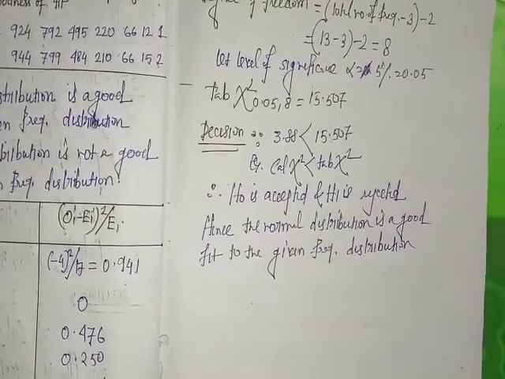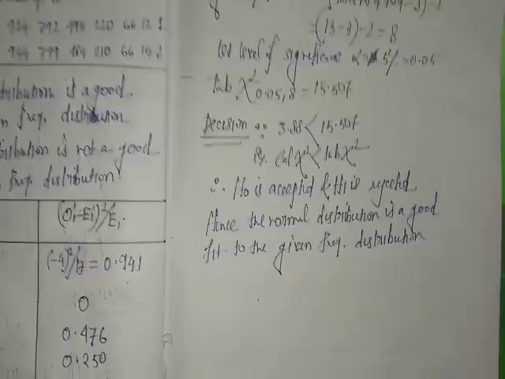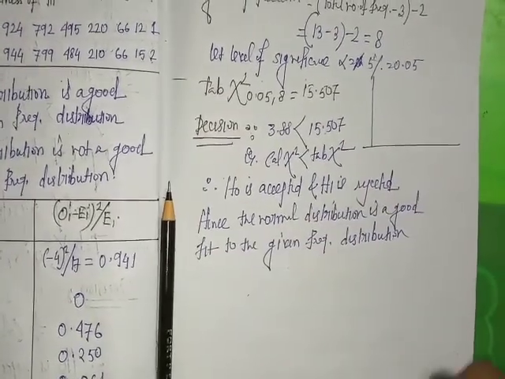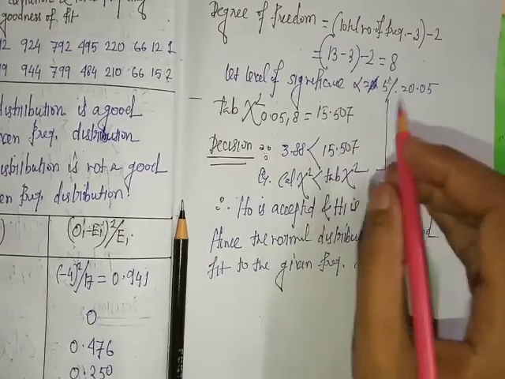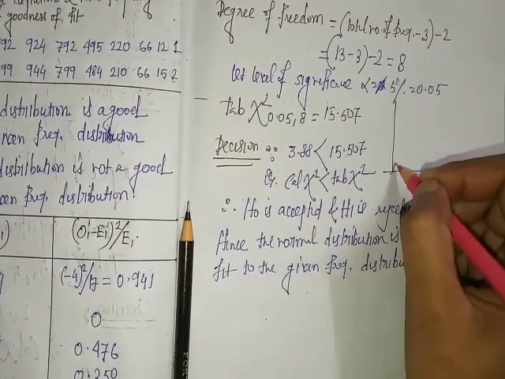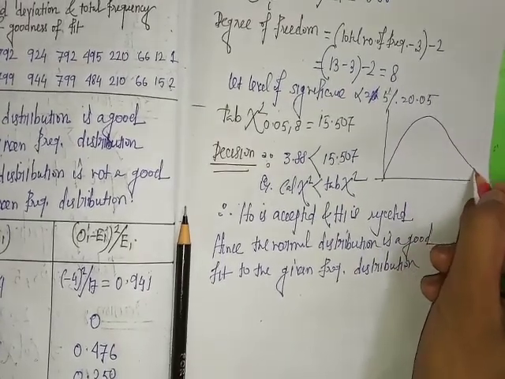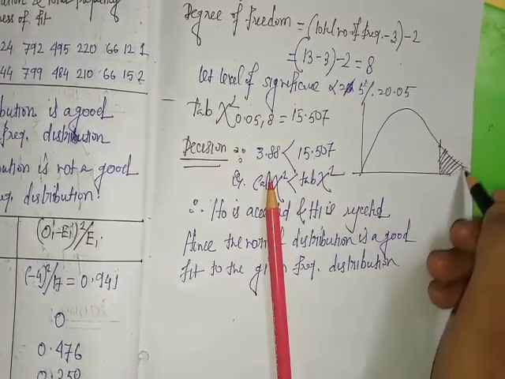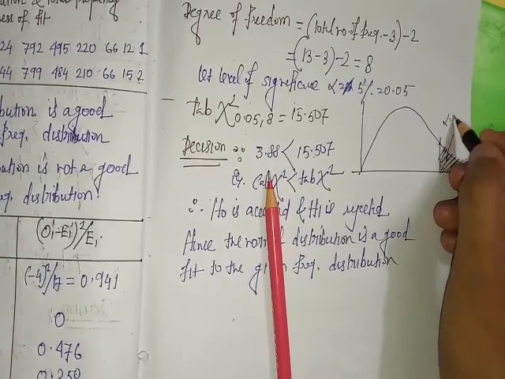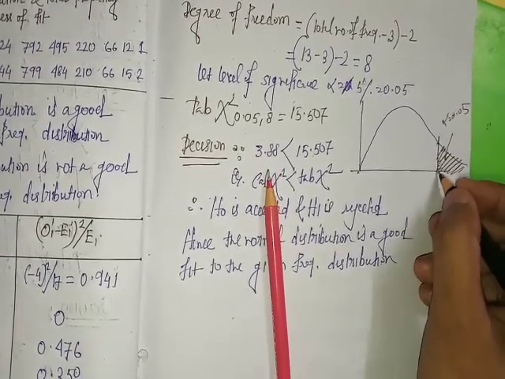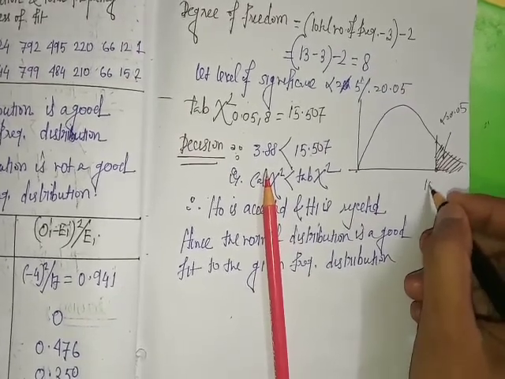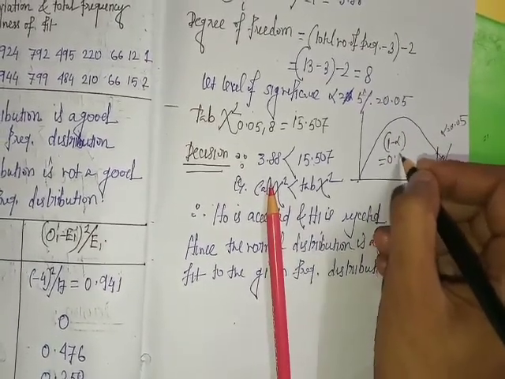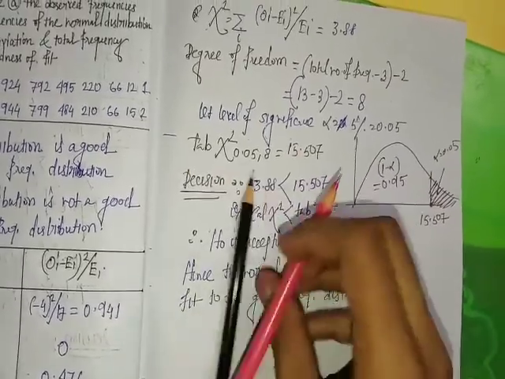Okay, next figure. For 8 degrees of freedom, the graph of chi-square becomes like this. The area in this portion is alpha equal to 0.05, and this is the critical value, the tabulated value, 15.507. The area of the remaining portion is 1 minus alpha, this is 0.95, and here the calculated value of chi-square is 3.88.